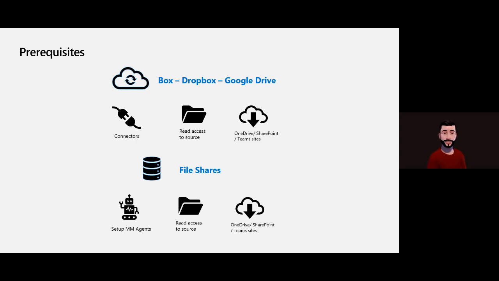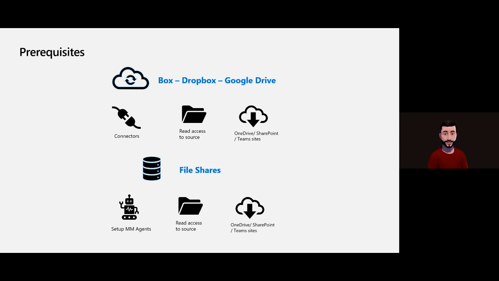We ask for those two prerequisites because the tool is going to copy the source and place those files and folders in the destination. That's why we need access to the source and access to the destination.